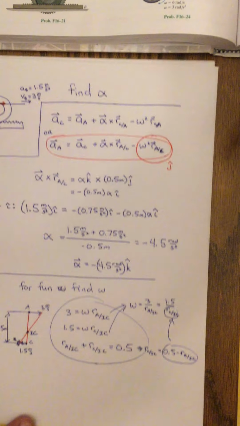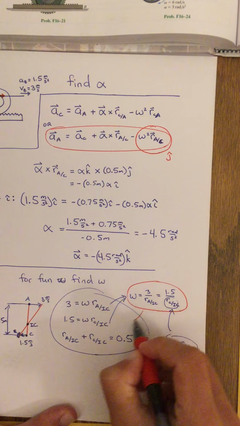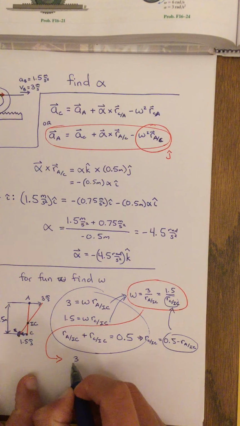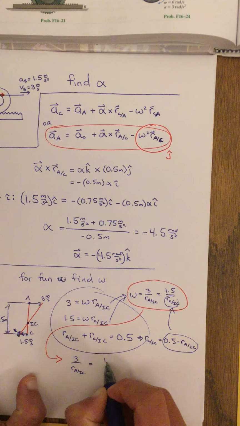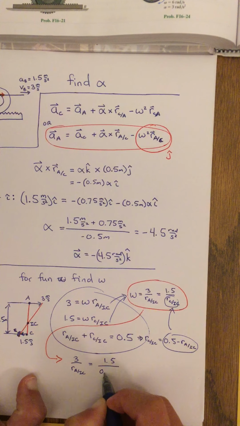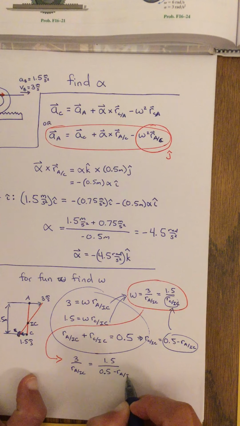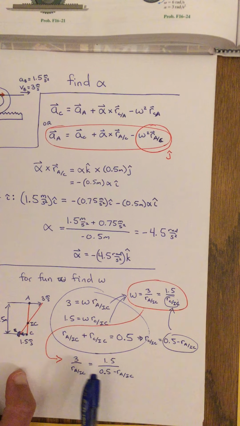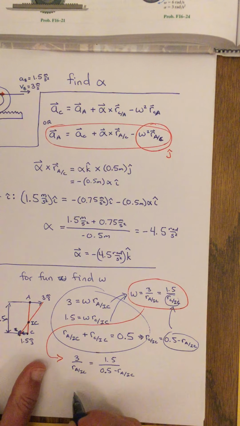And then we'll take this whole thing and bring it down here. We have 3 divided by RA over IC is equal to 1.5, and this is 0.5 minus RA over IC. Let's divide by 1.5 on both sides, so 3 divided by 1.5 gives me 2 on this side.